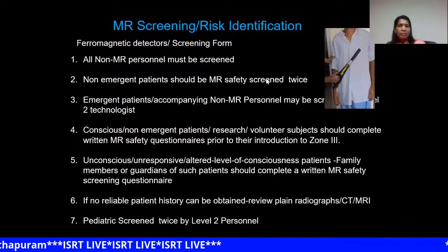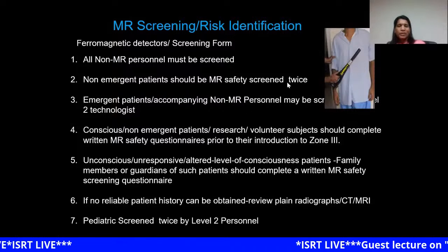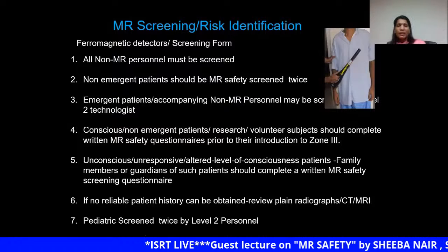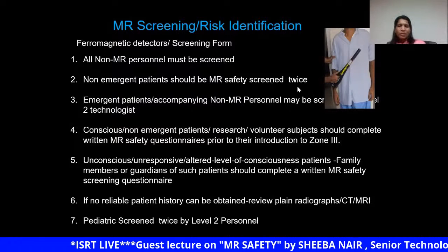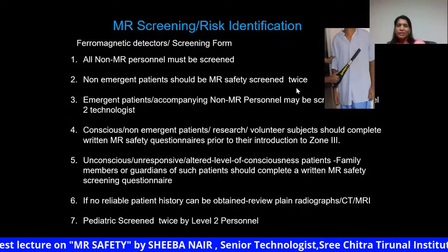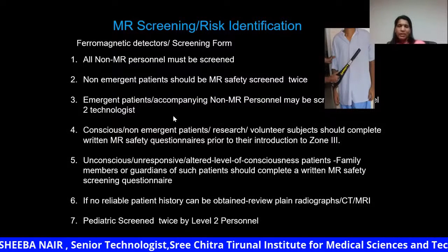So all MR and non-MR personnel entering the scanner room should be screened, and all non-emergent patients should be screened twice, and one of the screenings should be done by a level 2 trained MR technologist.